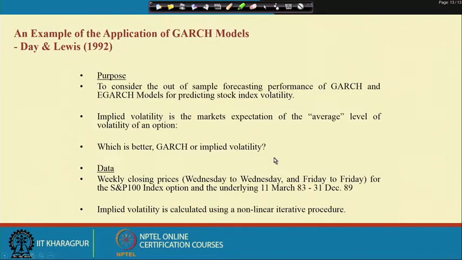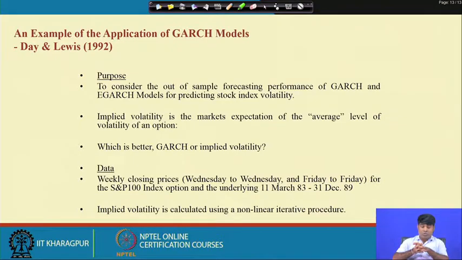Okay. So, now some of the examples which you can bring here: the main aim of this particular cluster is to consider the out-of-sample forecasting performance of GARCH and EGARCH models for predicting stock index volatility, particularly in the case of financial engineering, and implied volatility, that is the market expectation of the average level of volatility of an option.